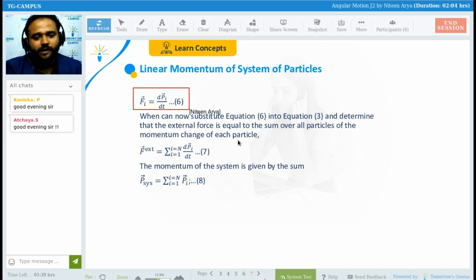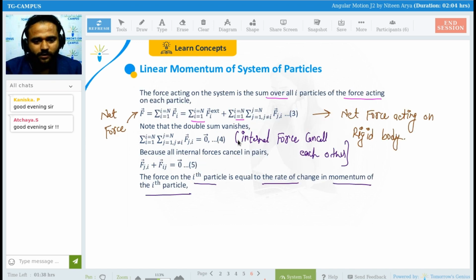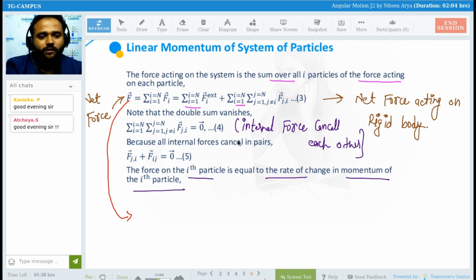So we can now substitute equation 6 into equation 3, meaning F external, which is the sum from i to n, and which is equation 3. The third equation is already converted using equation 4. Okay, just a minute.